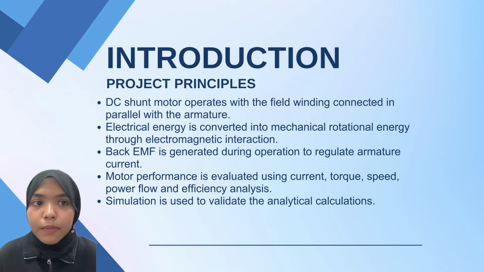During operation, a back EMF is generated to oppose the applied voltage and regulate the armature current, helping the motor maintain stable performance. So finally, the motor performance is evaluated using analytic calculation, mathematical modeling, and simulation, where parameters such as current, torque, speed, power flow, and efficiency are analyzed and compared with the simulation result.